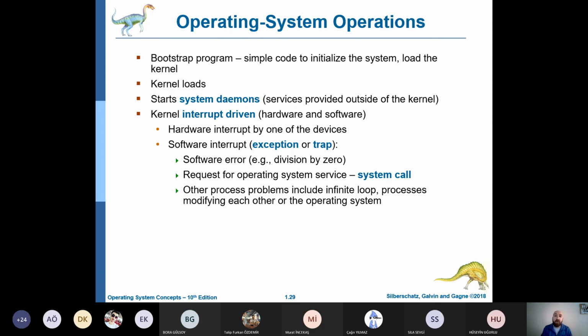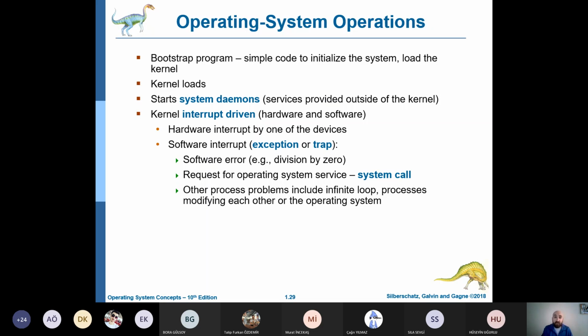To accomplish this goal, the bootstrap program must locate the operating system kernel and load it into memory. Once the kernel is loaded and executing, it can start providing services to the system and its users. Some services are provided outside of the kernel by system programs, and they are loaded into memory at boot time to become system daemons.